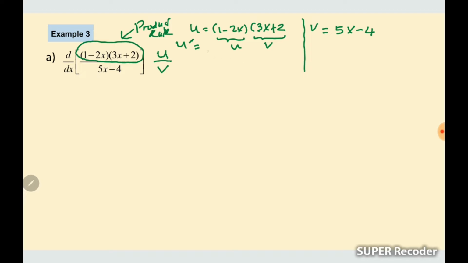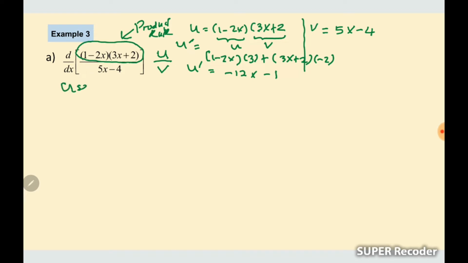So u prime is equal to u, which is 1 minus 2x, times the derivative of 3x plus 2, which is 3, plus copy 3x plus 2 times the derivative of u, which is negative 2. So the answer is negative 12x minus 1. This is u prime.